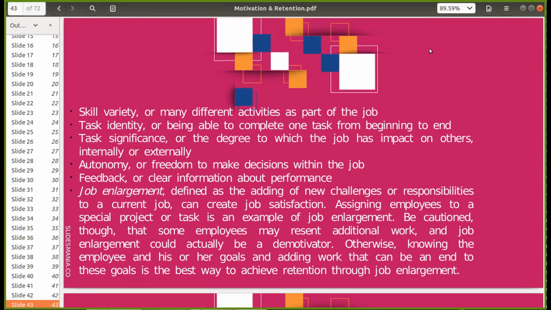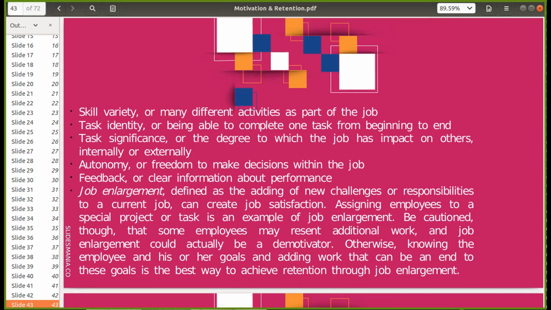Then job enlargement naman, ito yung adding new responsibility and challenges, but sa ibang empleyado siguro syempre ayaw nila to, ayaw nila yung nadadagdagan ng mas maraming responsibilities. Okay, assigning an employee to a special project or task, that's an example of job enlargement.